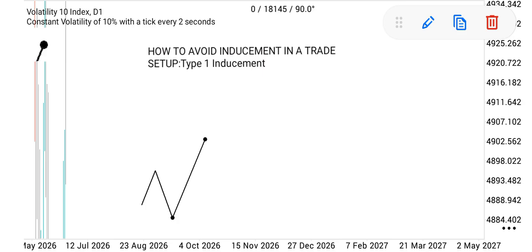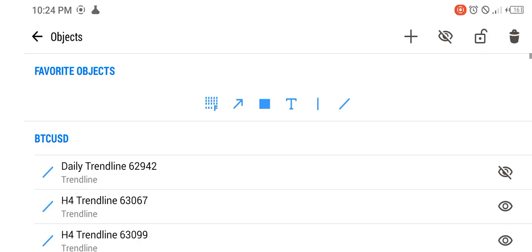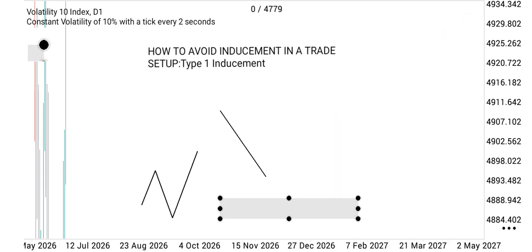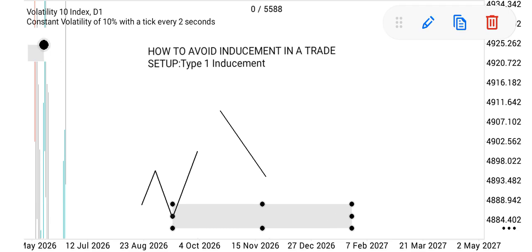After a break of structure to the upside, one thing we look for is our unmitigated order block, which forms at the origin. We get that point and we mark it out.